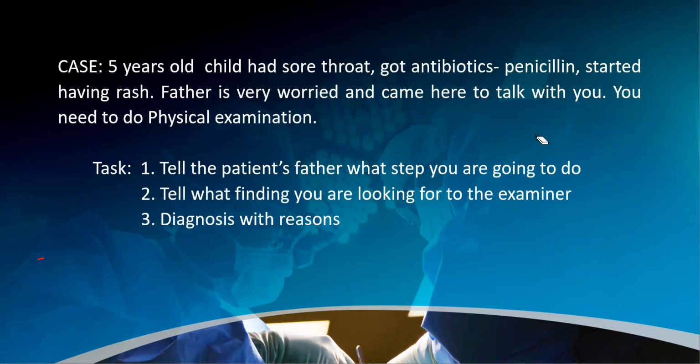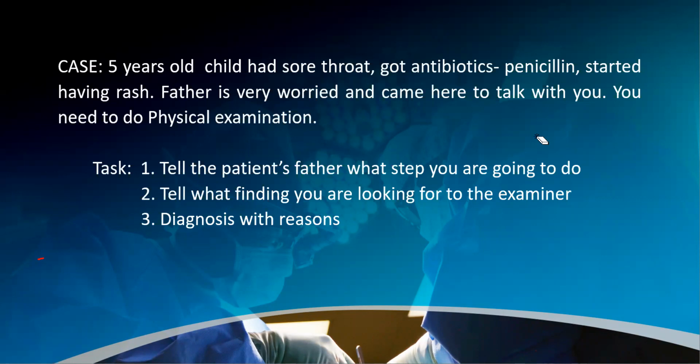As we know from the patient's information, our patient had a sore throat, and after that he had some antibiotic, and then he started having this rash. For that reason, we need to do a full head-to-toe examination of John, and we are going to be starting with the general appearance of our patient first.